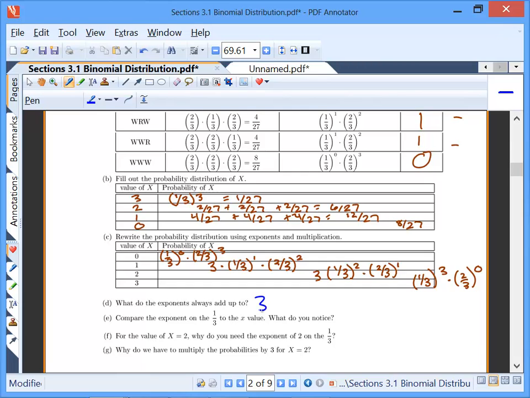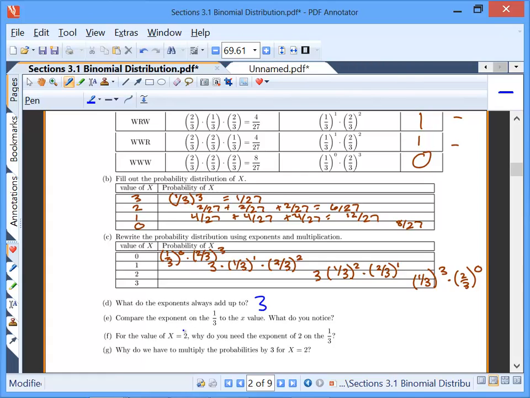Let's compare the exponents on the 1/3 to the x values. What do you notice? When x was 0, the exponent on the 1/3 was 0. X is 1, the exponent on the 1/3 is 1. 2, 2, 3, 3. Do you think that's coincidence? Okay. So it's not coincidence. So let's be specific.